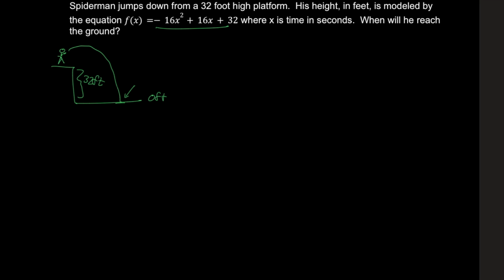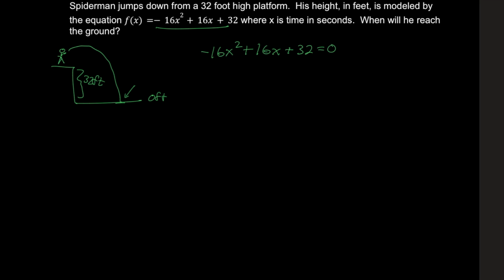When he hits the ground, he will be 0 feet off the ground. So what we're asked about in this equation is how long will it take for his height to reach 0? In other words, when the equation representing height is equal to 0. That's what we're looking for.